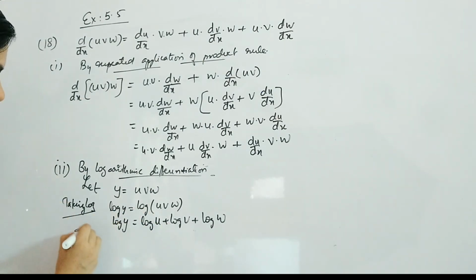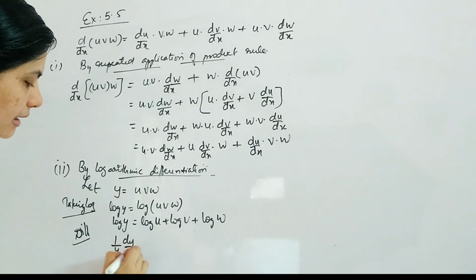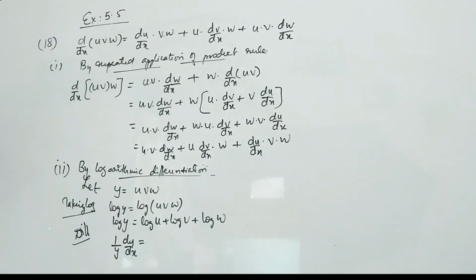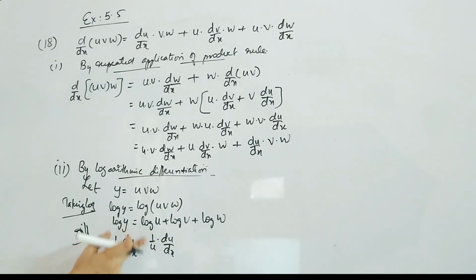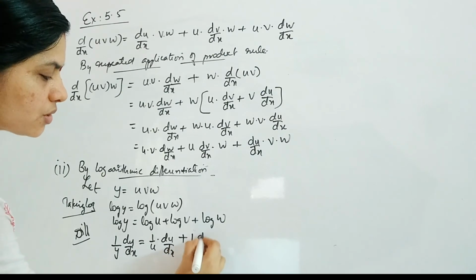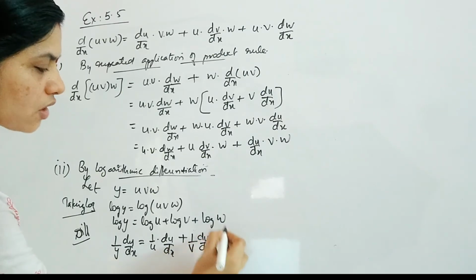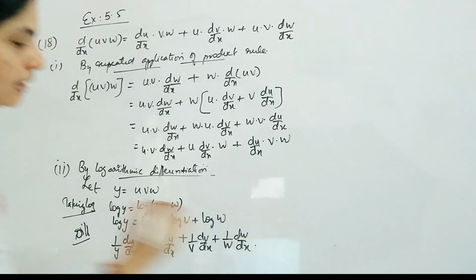Now we will take derivative on both sides. Differentiating both sides, what you will get? This will become 1 by y dy by dx is equal to, log u will give you 1 by u into du by dx, because u is a function of x, you have to write 1 by that function into its derivative, plus log v's derivative will be 1 by v into dv by dx, and log w will give you 1 by w into dw by dx.